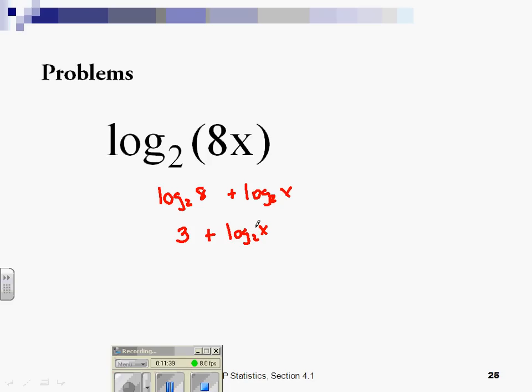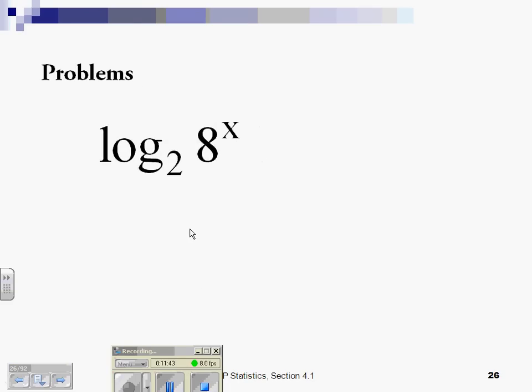So that's the way you would simplify that. For this one, you would bring the x in front. So it would be x log base 2 of 8. Log base 2 of 8, we just said a minute ago, was 3. So then my answer would become 3x.